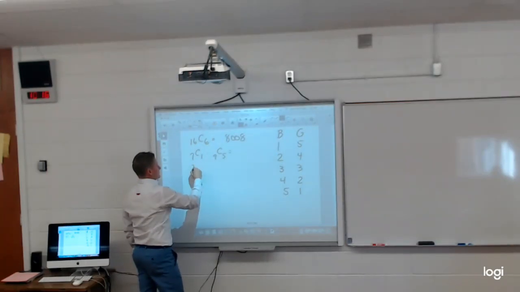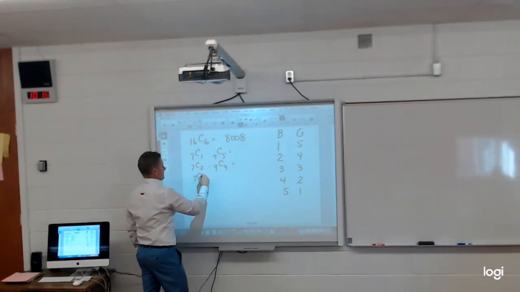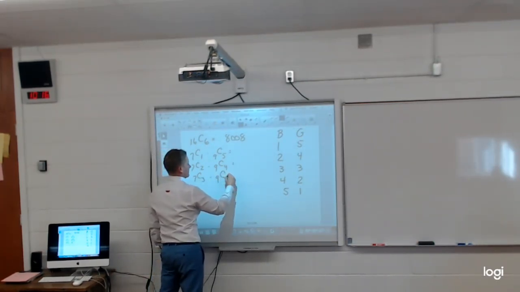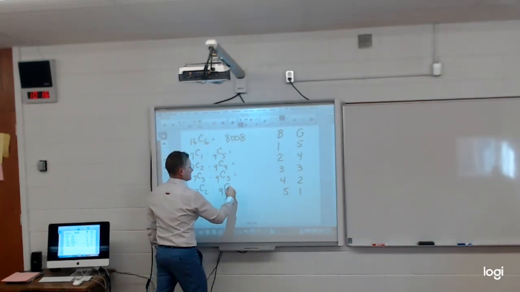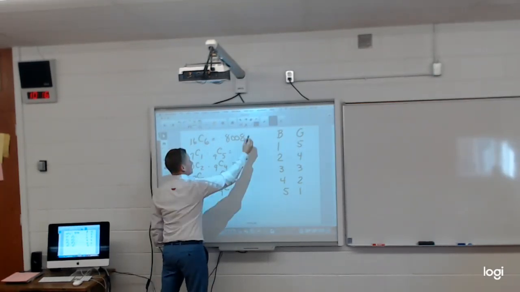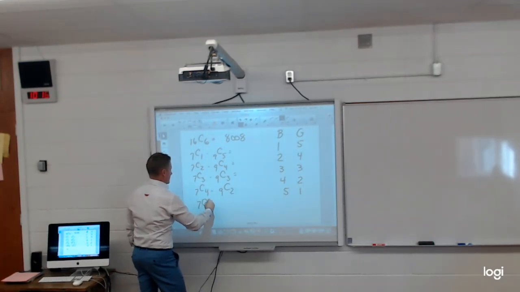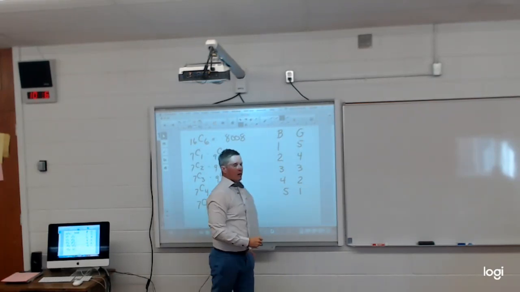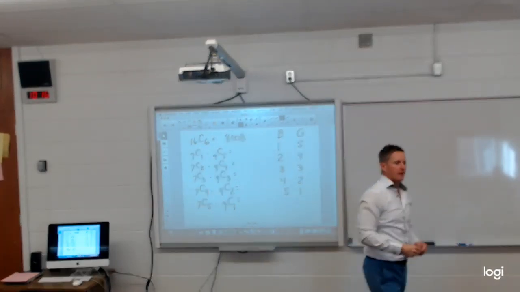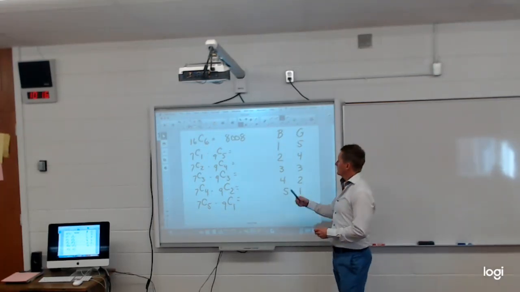And then I'd have to go 7C2, 9C4, 7C3, 9C3, 7C4, 9C2, and then 7C5, 9C1. There are all the possibilities of selecting this group of 6 in which I have at least 1 boy or 1 girl.